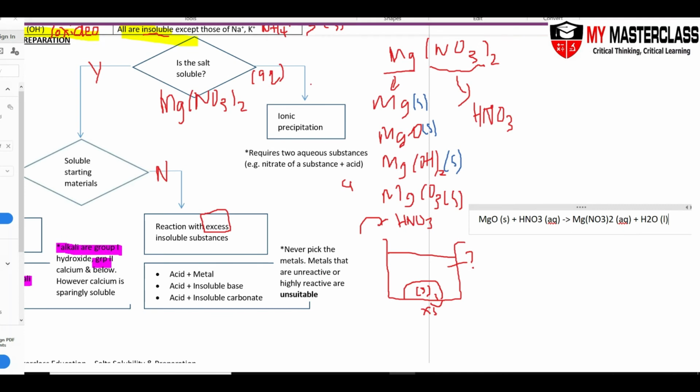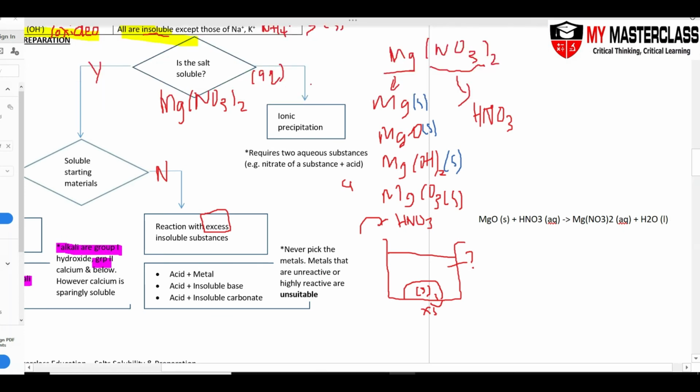So in this example, once you put the nitric acid into the beaker, the reaction will start. But when your reaction starts, you try to pour in all your nitric acid, and you could have a lot of nitric acid.